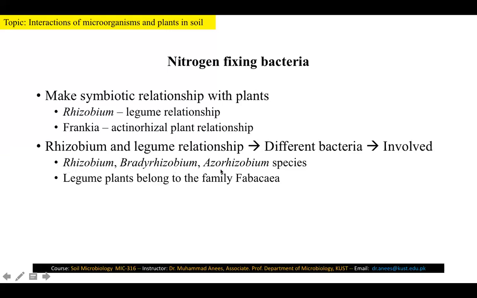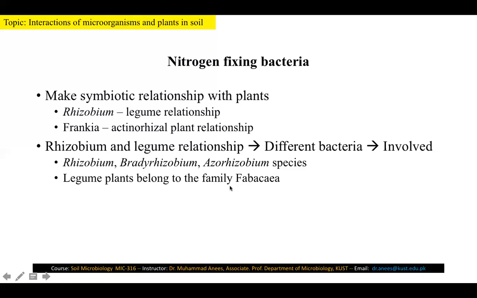These are the major types: Rhizobium, Bradyrhizobium, and Azorhizobium species. These bacteria have the ability to make symbiotic relationship with a particular family of plants known as Fabaceae.